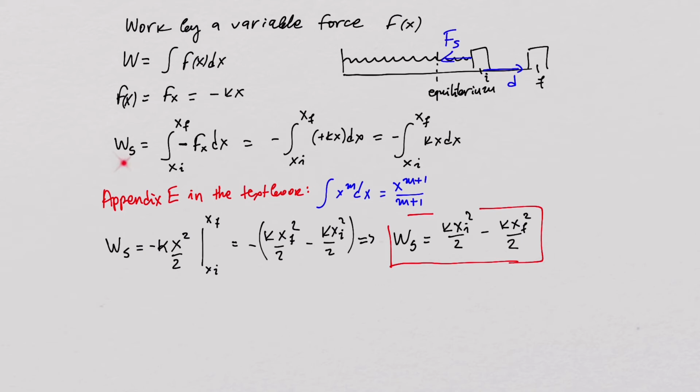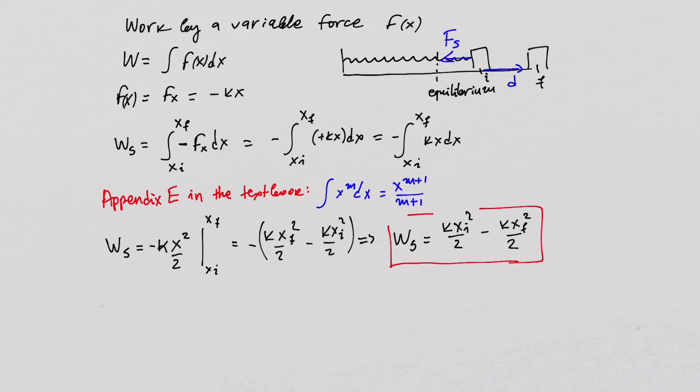So the work done by the spring force is this integral right here, and the spring force is by definition given by Fx is equal to minus kx. What I need to do is substitute here the magnitude of the spring force. So that means that I'm going to take the spring force with a positive sign here, and then the integral becomes minus an integral from the initial to final positions of kx dx.